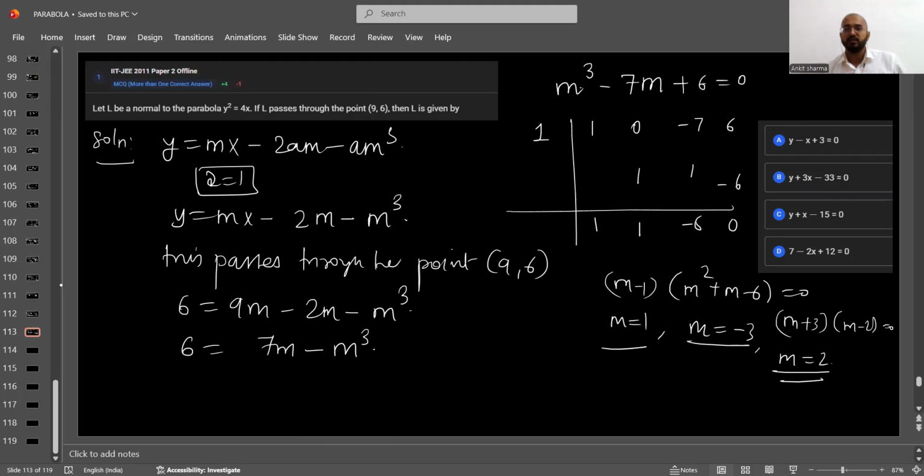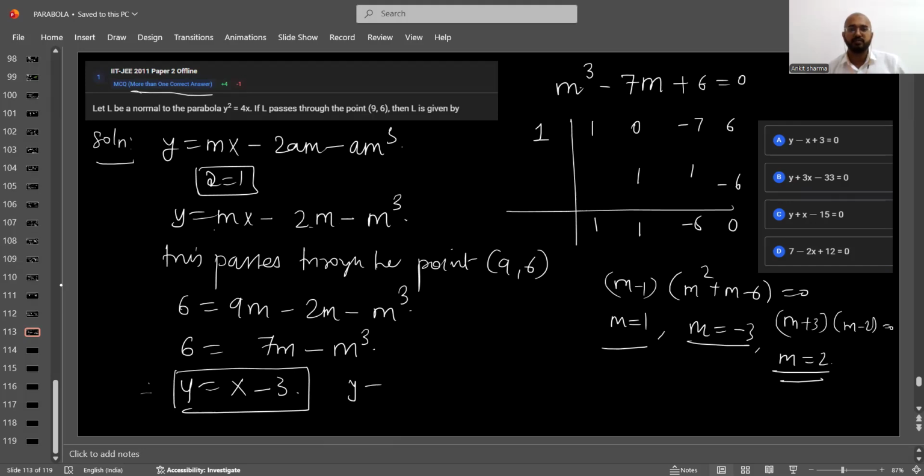These are my slopes. So I can just plug in one of them here. Since this is more than one curve, we need to see the normals. So if I plug in m is equal to 1, I'm going to have x minus, this is 2 minus 1. So y is equal to x minus 3. Then next is plug in m is equal to minus 3.